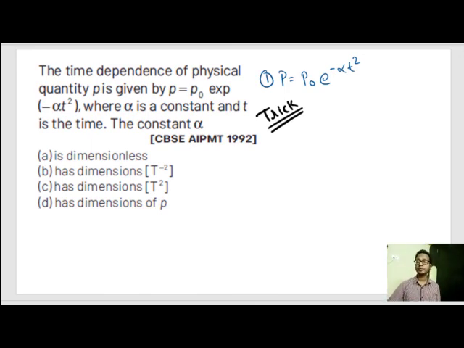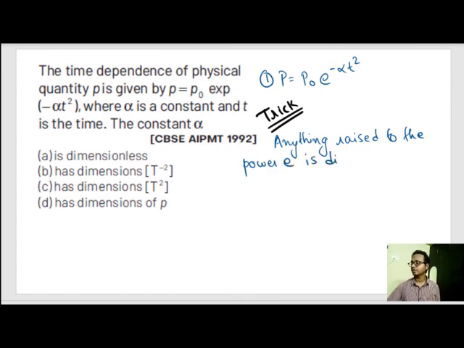Anything raised to the power e is dimensionless. Is this a rule? No. Is this a trick?